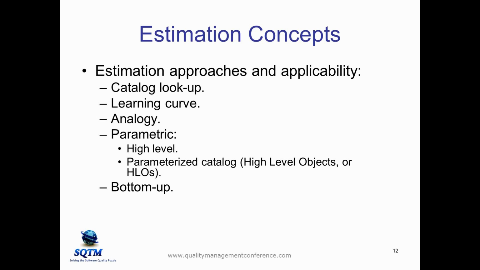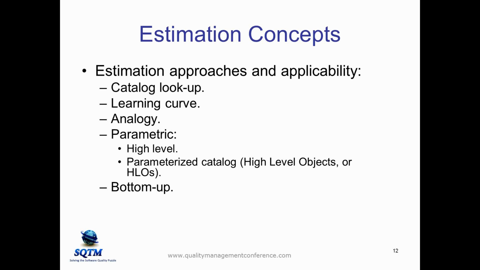But then there's a different kind of parametric, which is the parameterized catalog that I talked about earlier, where we have high-level objects that do relate to the delivered business functionality that's going to be there. And what we have is for each one of those high-level object elements, we have some kind of a size equivalency that's assigned to it.